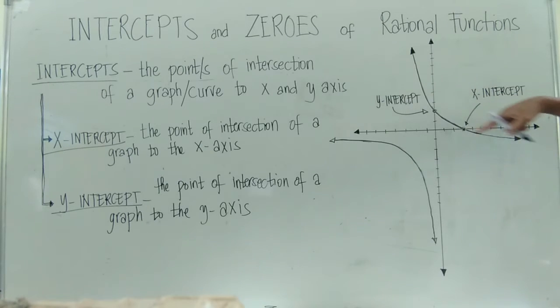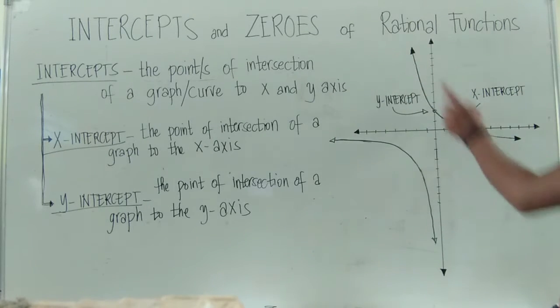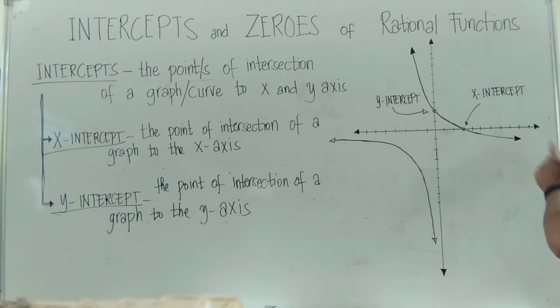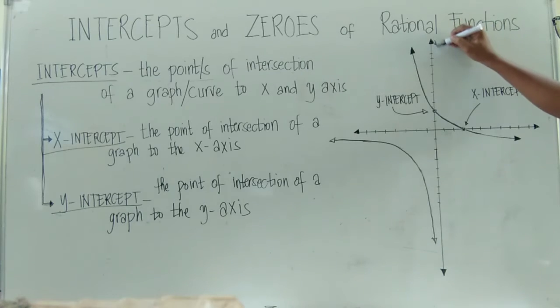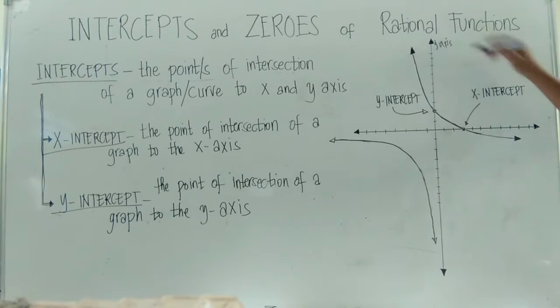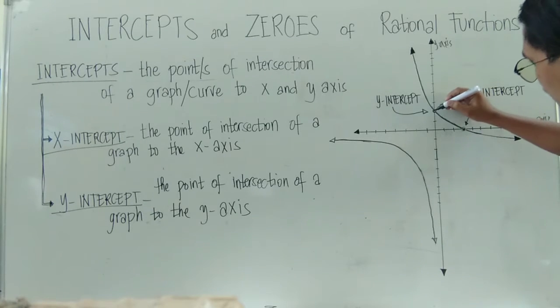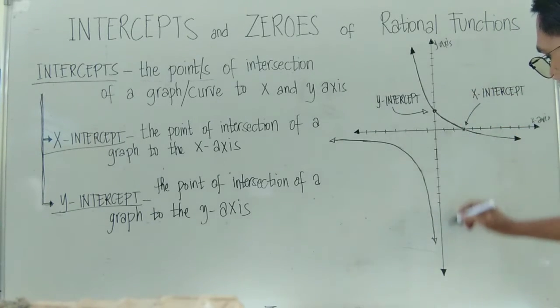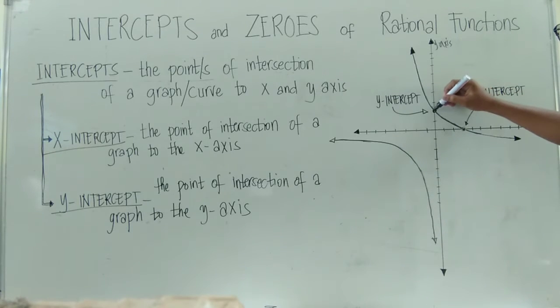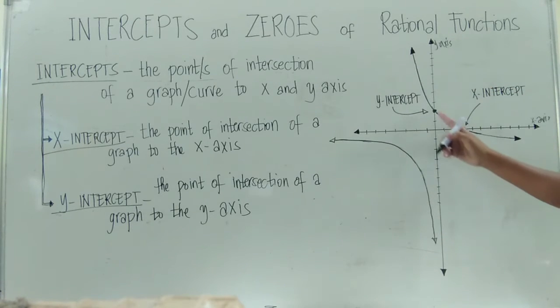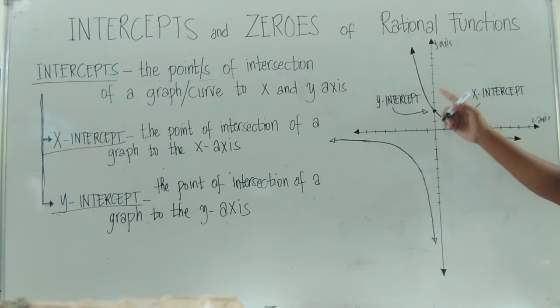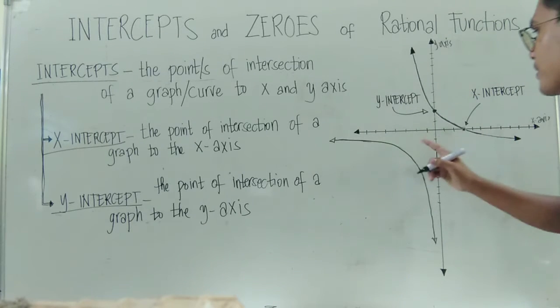On this part, you can see the curve intersects the axes. We have the y-axis and the x-axis, the horizontal. In the y-axis, your curve or graph intersects. So this is your y-intercept, the intersection of the graph or curve on the y-axis.